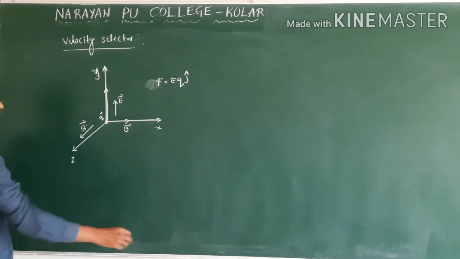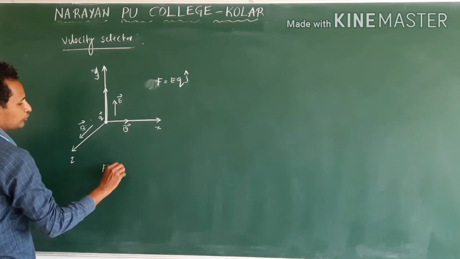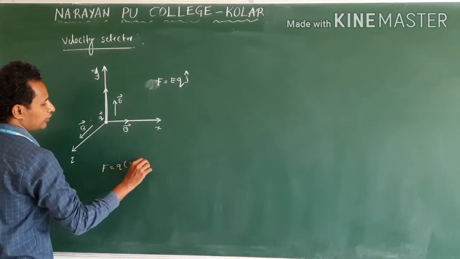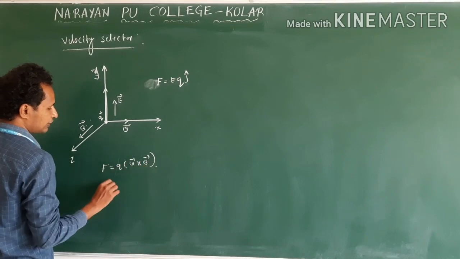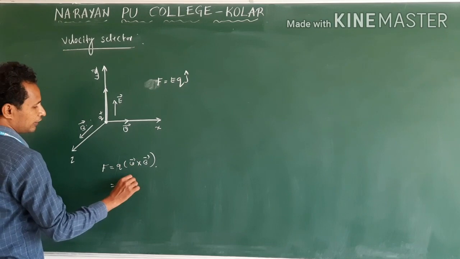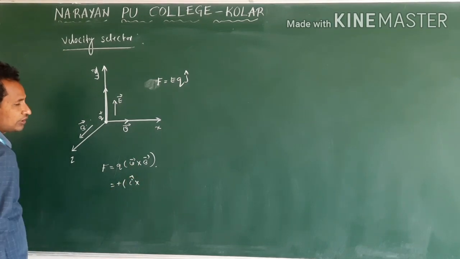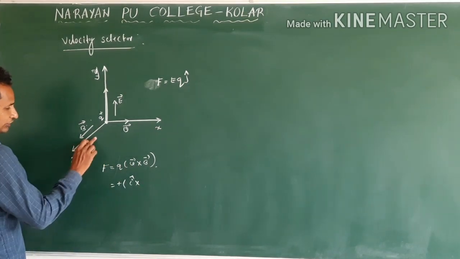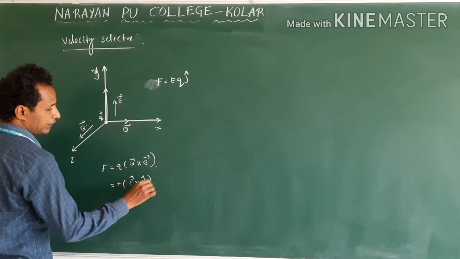How do we decide magnetic force? F is equal to Q into V cross B. Just see the cross product. This is positive charge, so positive V I cap cross B acting in Z direction, so K cap.